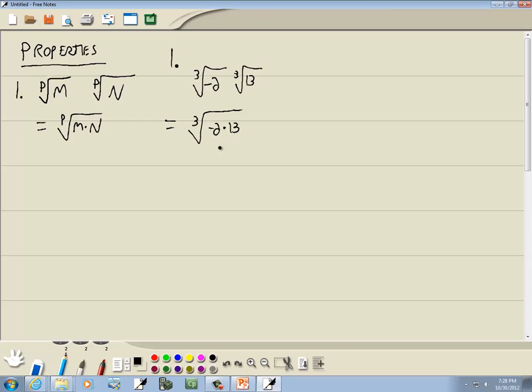So I got -2 times 13, which gives us -26. Now remember, whenever you have a negative inside of a radical with an odd index, you can take that negative and bring it on the outside. So this gives us negative cube root of 26.